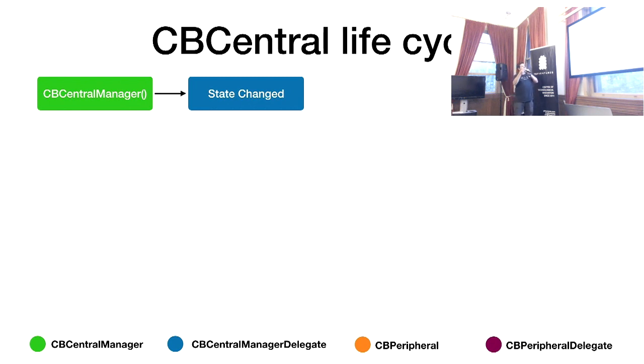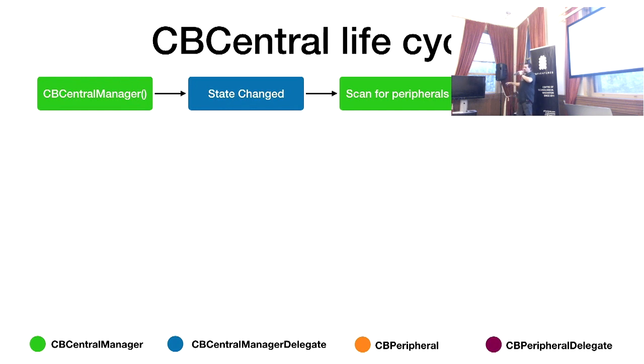So you instantiate the CBCentralManager. You assign the delegate, the CBCentralManagerDelegate, it powers on the hardware, and you eventually get a state change callback, which will tell you whether the hardware is on or if it's not available. Then you can start scanning for peripherals, and then you get a callback telling you that it has discovered peripherals.